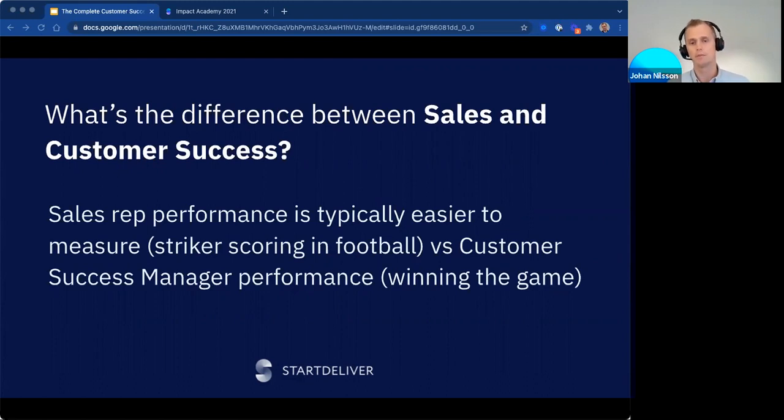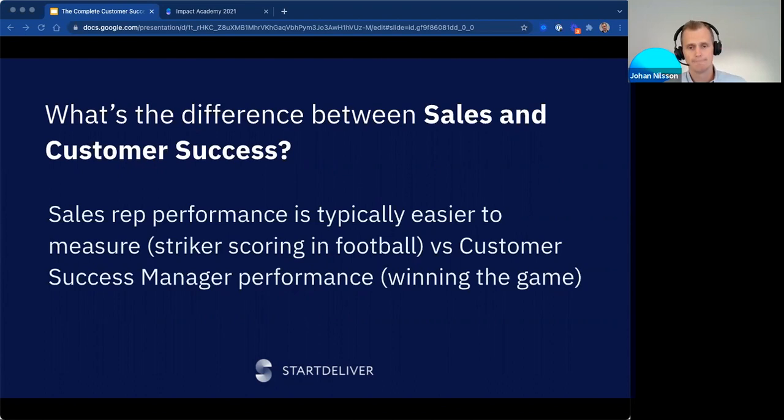And there are differences here, and I think it's important to highlight the differences between sales and customer success. In sales, traditionally, you usually measure some activity level, you have a quota. It's easier, I would say, at least over a shorter period of time, to measure sales rep performance versus a customer success manager.